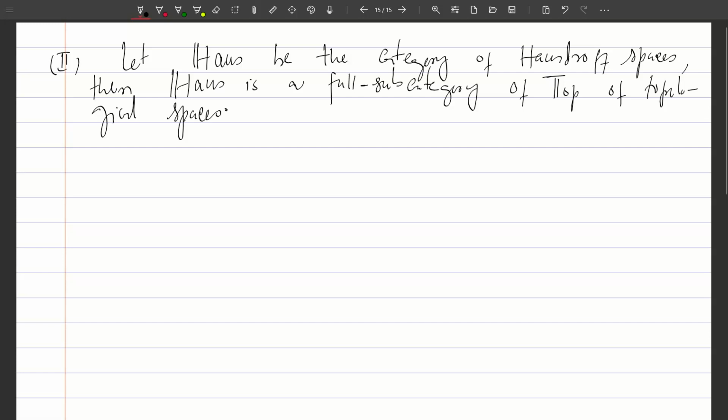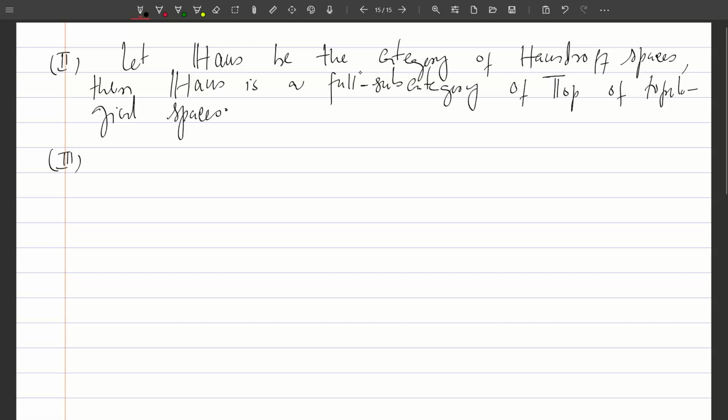The morphisms in both cases are the same. If we take two Hausdorff spaces, then as two objects in TOP, their morphism sets are exactly the same. So this is a full subcategory.